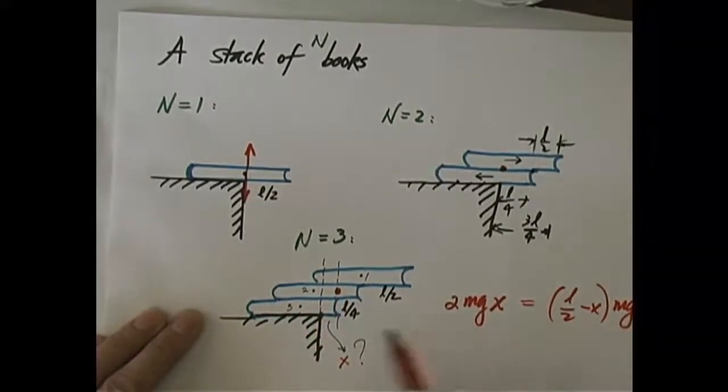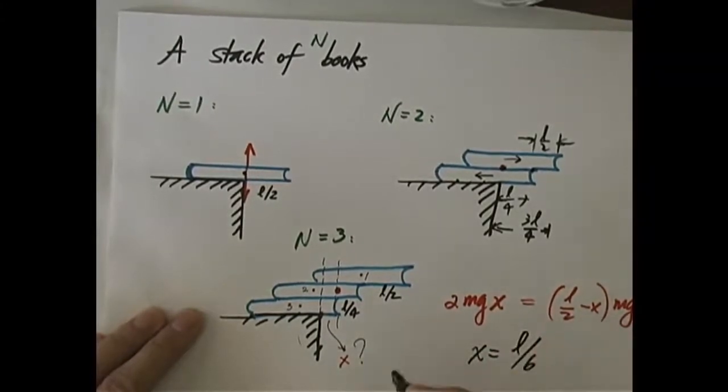That term is the torque provided by the weight of the third book going that way. These two torques should cancel about this pivot point right here. And that easily gives you x equals L over 6. So the overhang is L over 6.